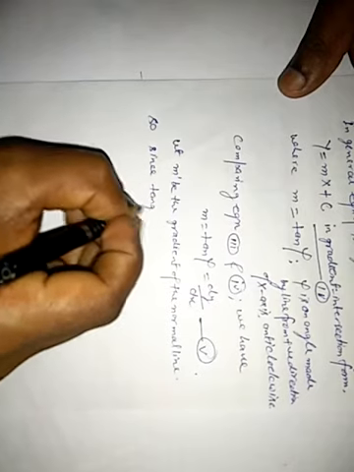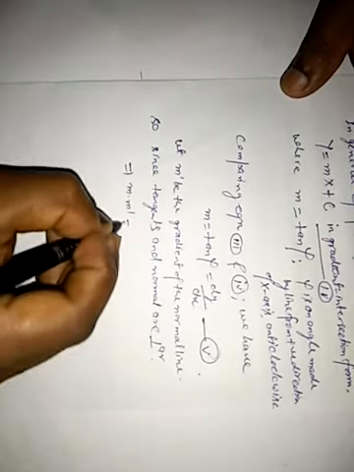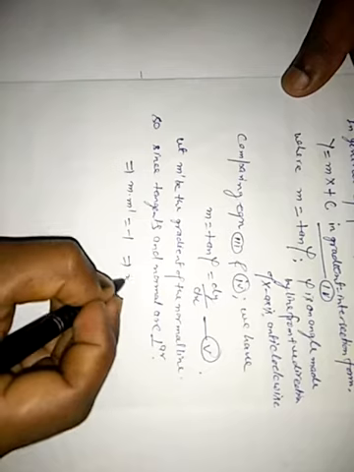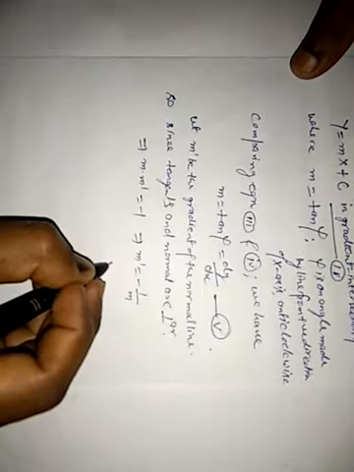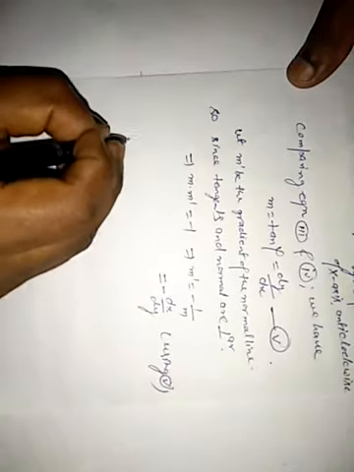Since the tangent and normal are perpendicular, m into m dash is equal to minus 1, which implies that m dash is equal to minus 1 by m, which implies that m dash is equal to minus dx upon dy by equation 5.